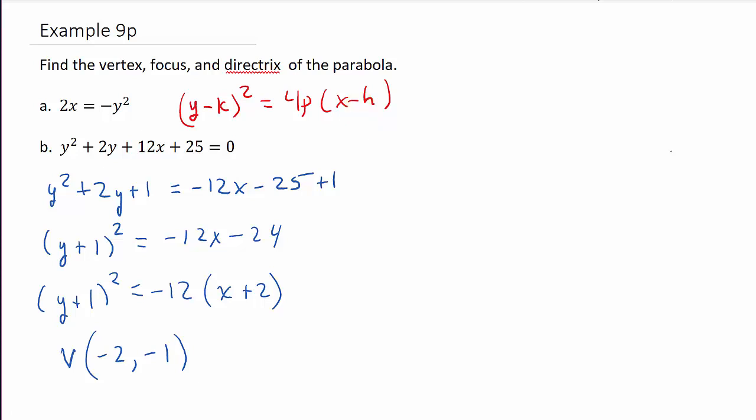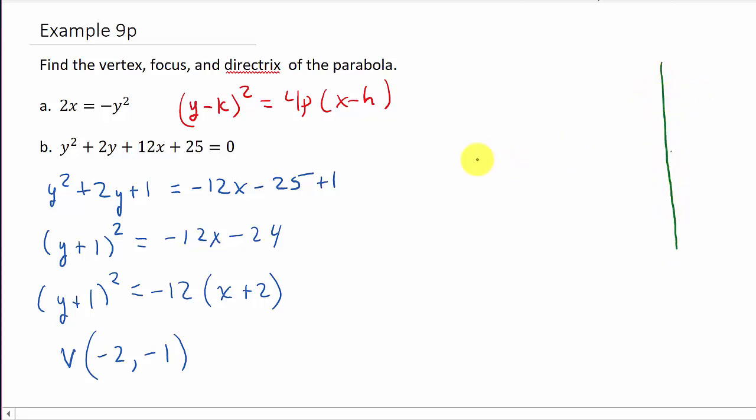So now let's just make a little sketch of what we've got so far. All right, so let's say we've got negative 1, negative 2, and then negative 1.